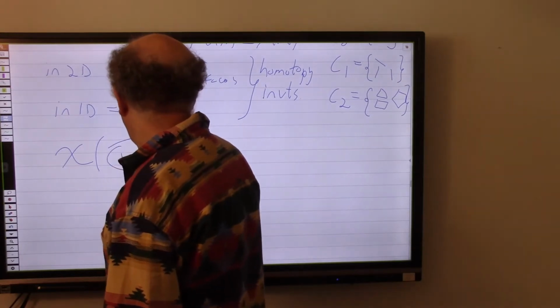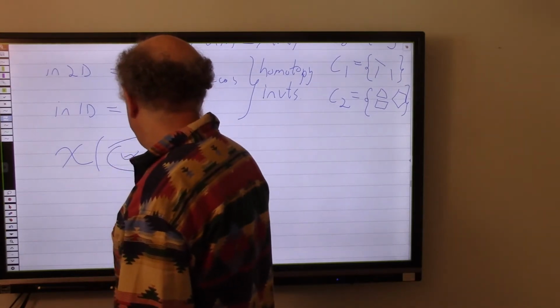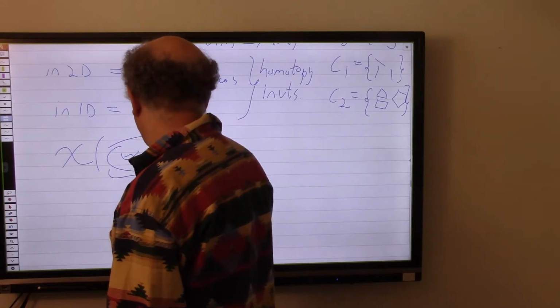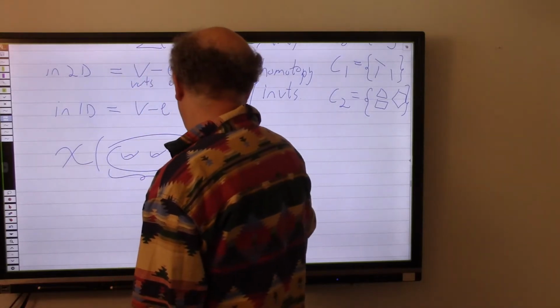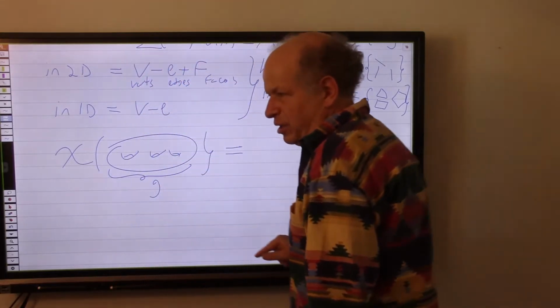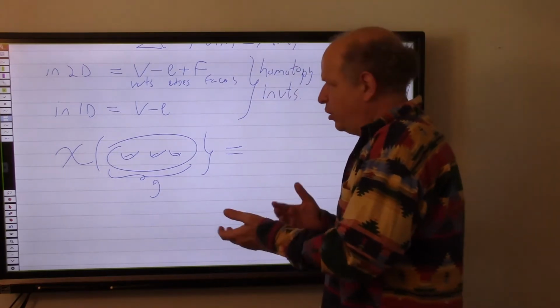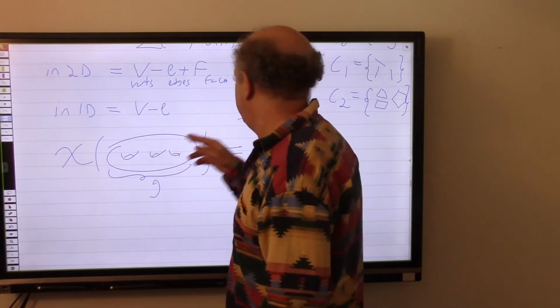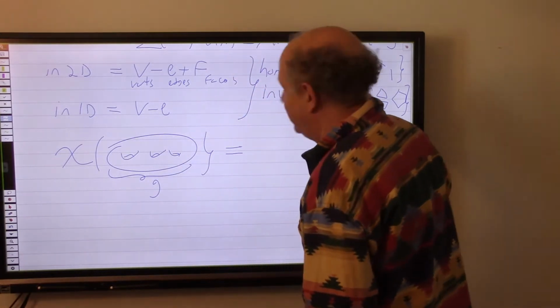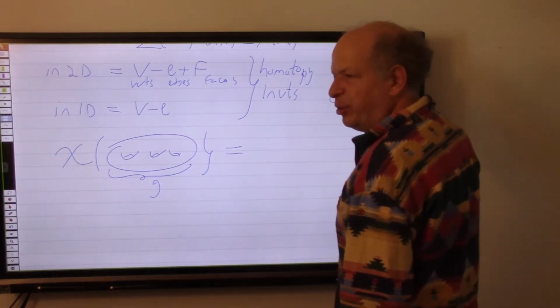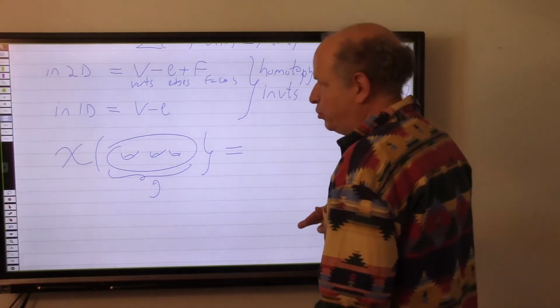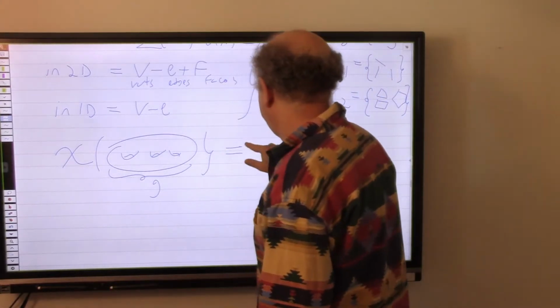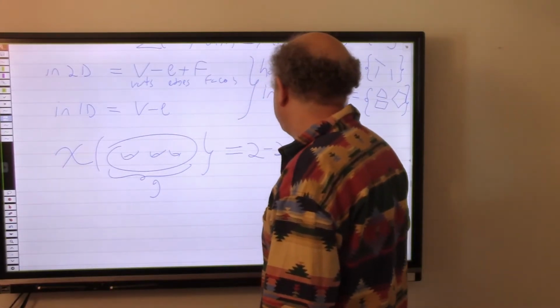If you have a surface of genus g, well, you can compute, basically, one way or another, you write it as a gluing of vertices and edges and faces, and then you can compute that the Euler characteristic is 2 minus 2g.